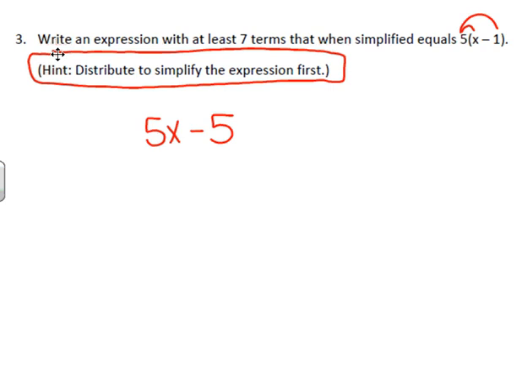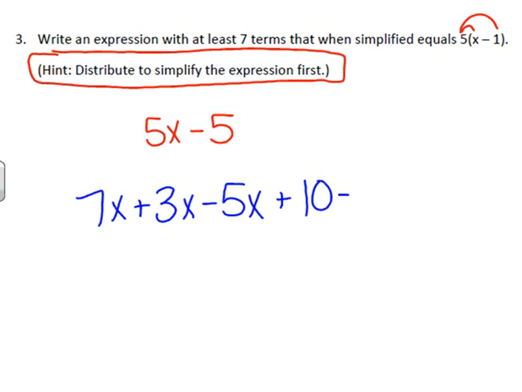So I could do something like 7x plus 3x minus 5x plus 10 minus 5 minus 5 minus 5. And that is 7 terms exactly. You could do more.